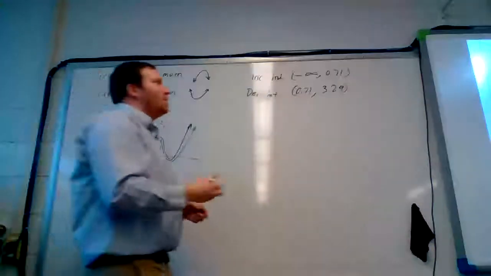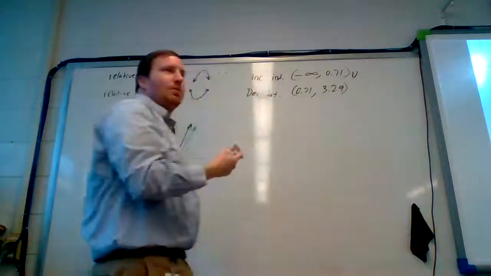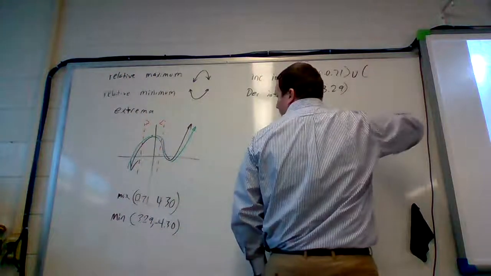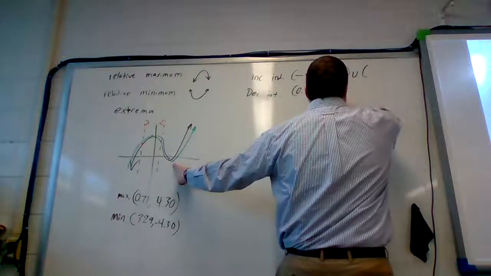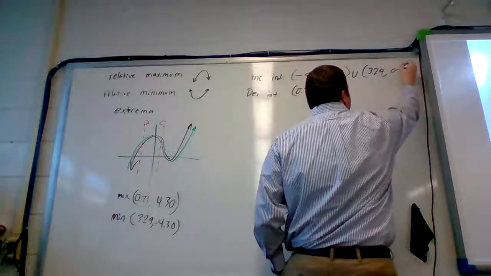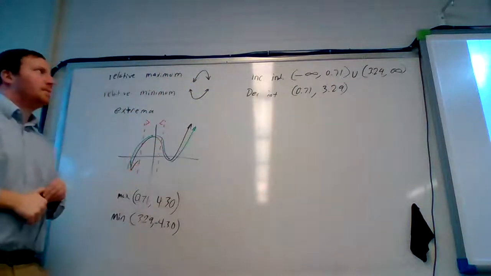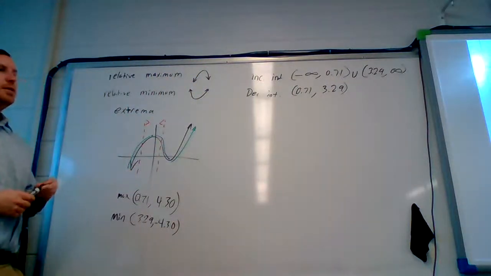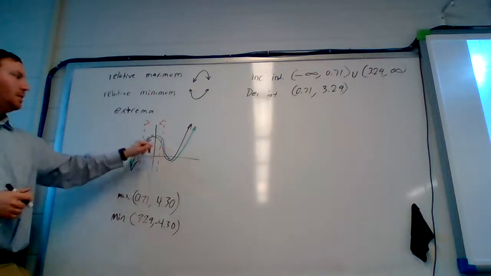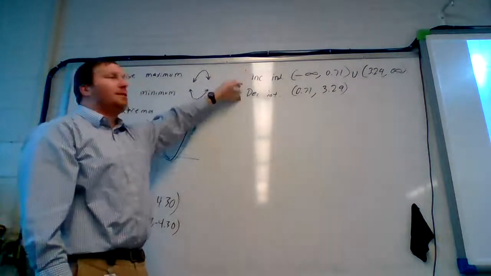So we have two increasing intervals, and we can separate those with a U. That U just means or in conjunction with. And so we start increasing again from this x value, 3.29, all the way to infinity. And so again, maximums and minimums separate the increasing and decreasing values.